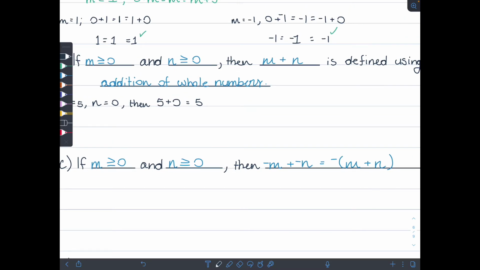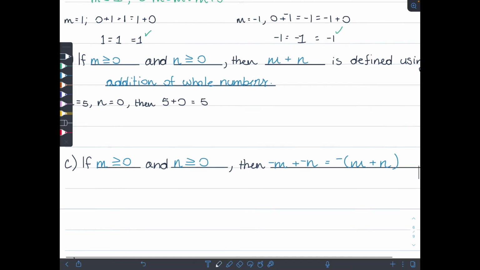Let's deconstruct this statement as well. If m is greater than or equal to 0, and n is greater than or equal to 0, then negative m plus negative n is equal to negative parentheses m plus n.